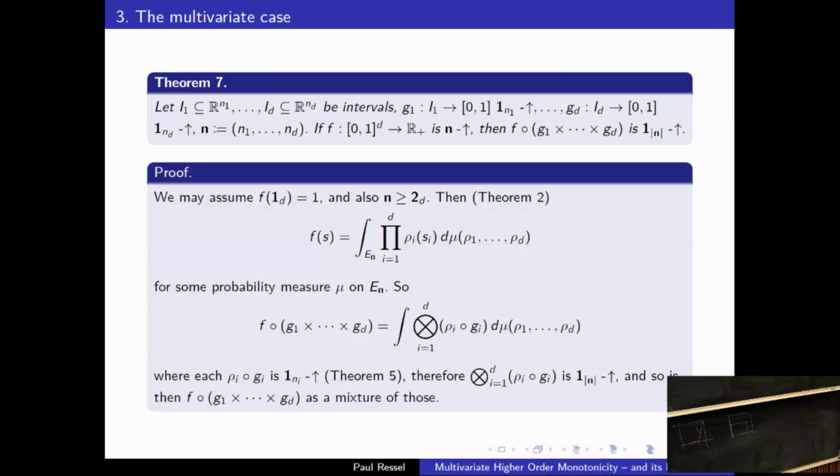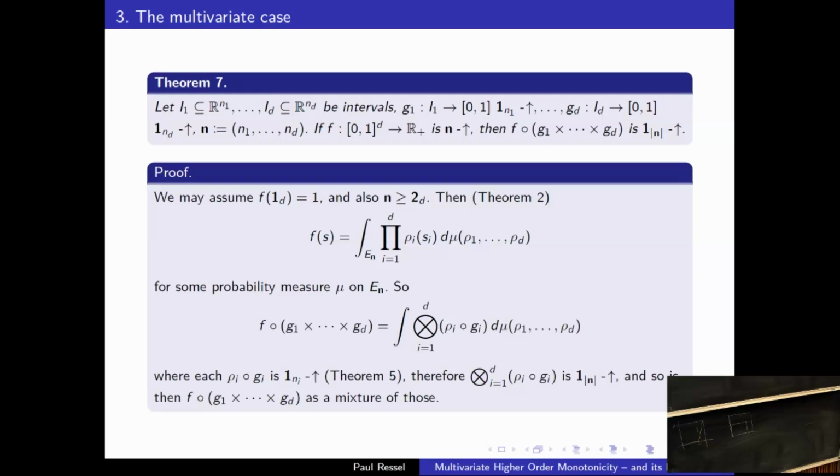Well, the proof is actually very simple now. We may assume that f is normalized, and we may also assume, that's not completely clear, but let's do it here, that all the nj's are at least 2. Then by theorem 2, f has this unique integral representation on the extreme points of our simplex Kn for some probability measure mu on En.